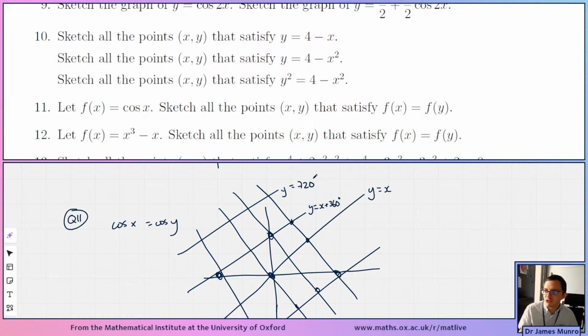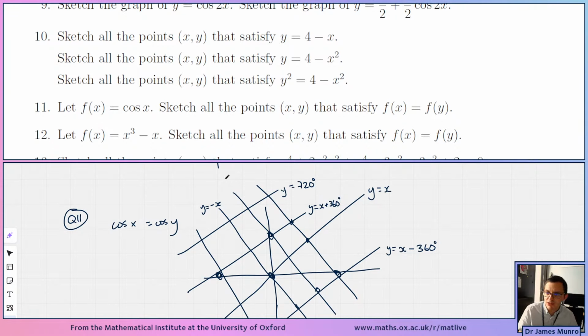The picture is not amazing. x minus 360 degrees. There we go. And then this is y equals minus x. I'd like you to check that that's an example of a time that cosine y is equal to cosine x.